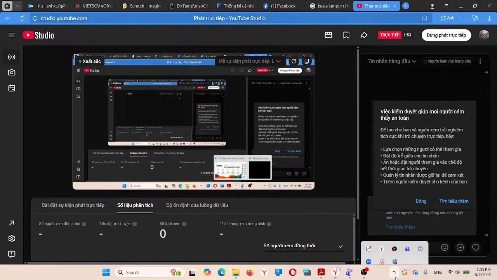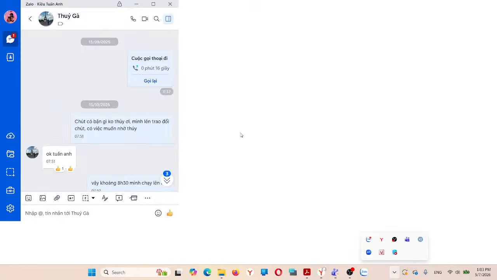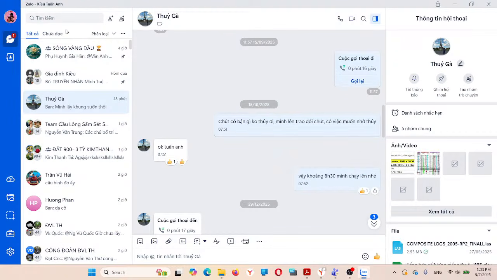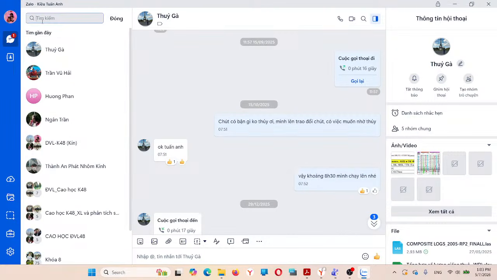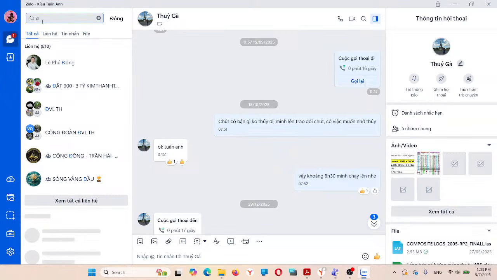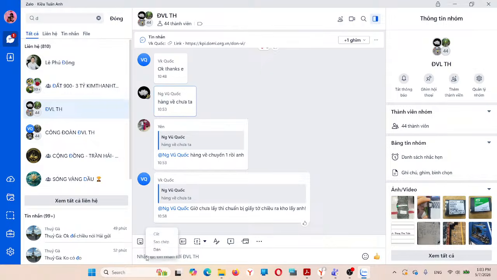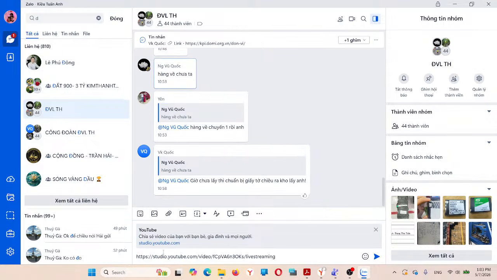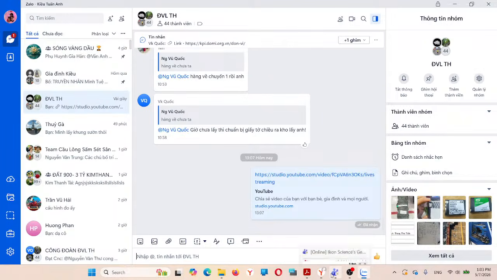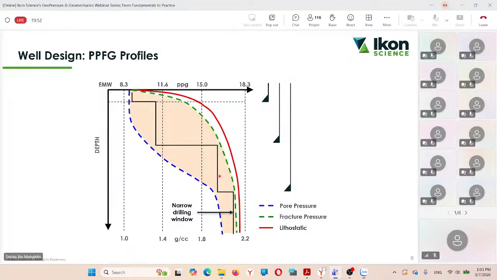But this will form the mud weight window. How much margin do you have to drill? The smaller the margin, for example over here, the more sensitive and the more complicated it will be to drill. For example, you need to use a really specific range of mud weight to drill the well. This mud weight window not only decides what mud weight you use, it also decides where you put your casing.